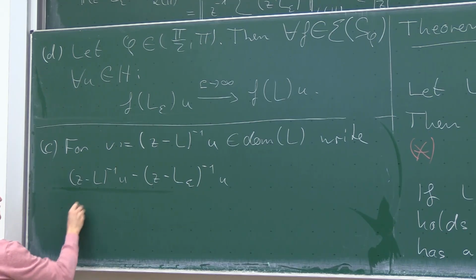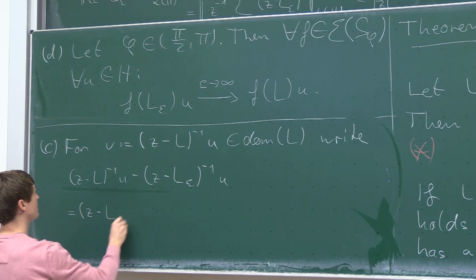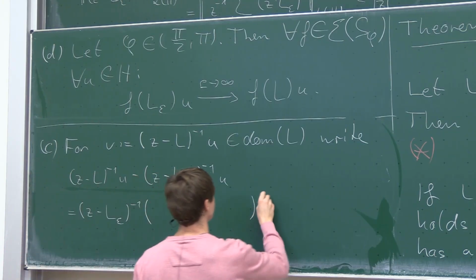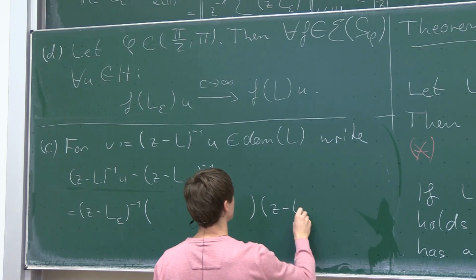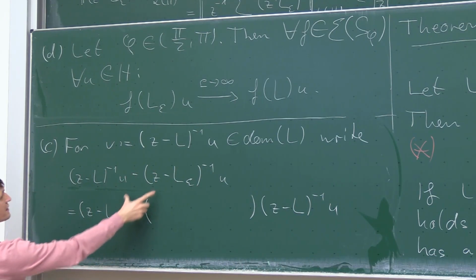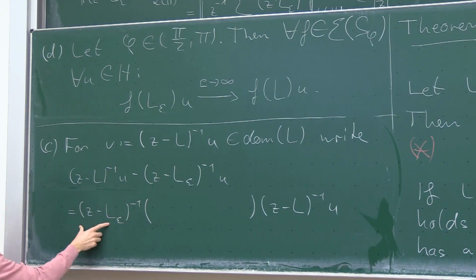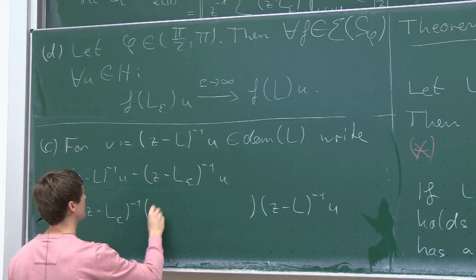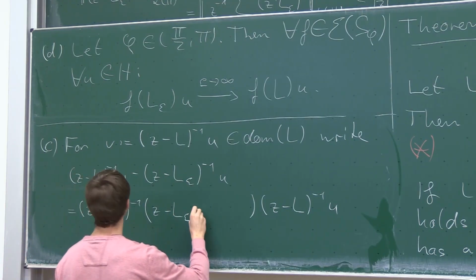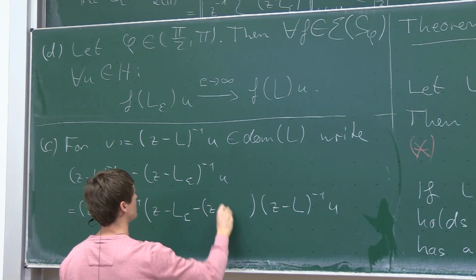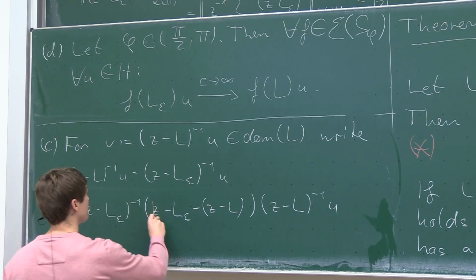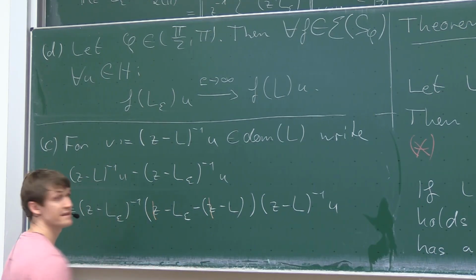So this is the same as the resolvent of L epsilon multiplied by something. And on the right-hand side, we also take out the resolvent of L and apply this to U. Okay, and if I take out the resolvent of L epsilon to the left, we are left here with z minus L epsilon, and I take out this here to the right, so we end up here with minus z minus L. Okay, and you see that the two z's here just cancel, and we get here L minus L epsilon.